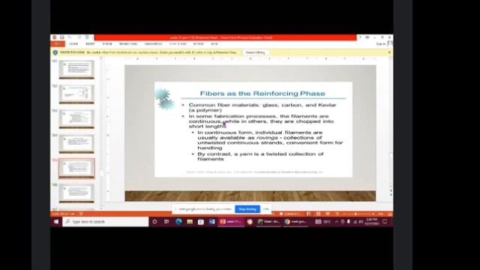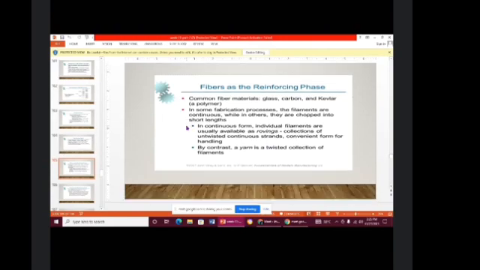In some fabrication processes the filaments are continuous, while in others they are chopped into short lengths. In continuous form, individual filaments are usually available as rovings, collections of untwisted continuous strands, convenient for handling. By contrast, a yarn is a twisted collection of filaments.